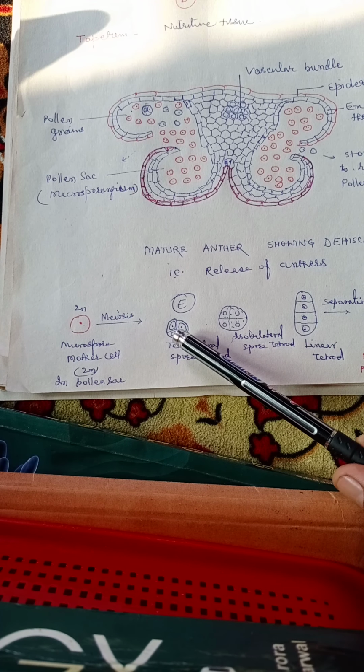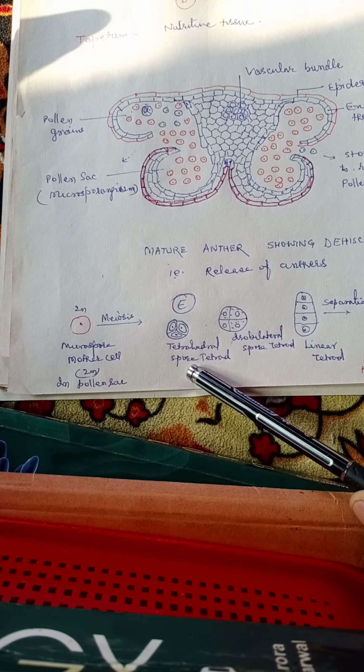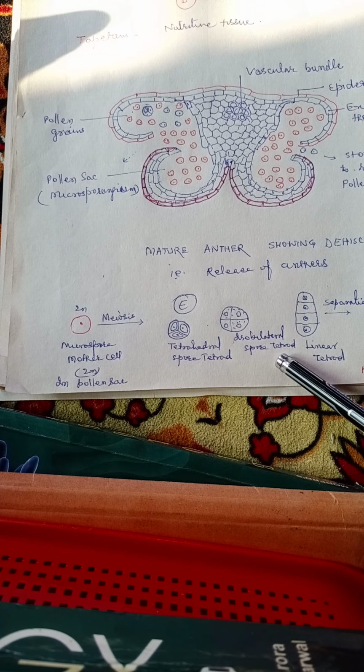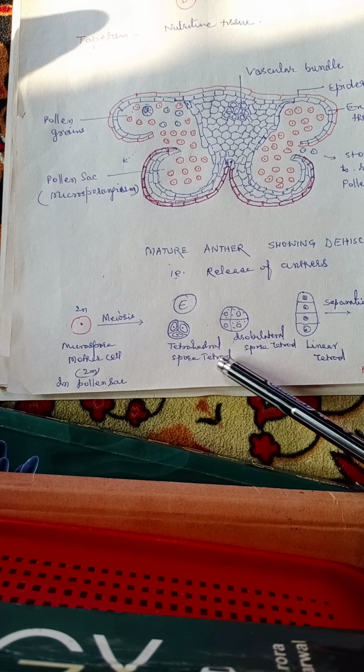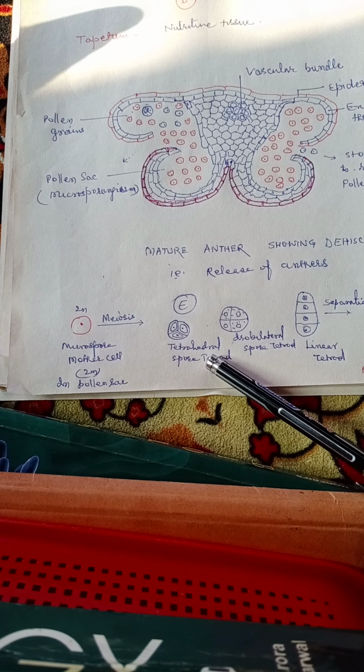I have shown here 3 spore tetrads. One is the tetrahedral spore tetrad, the second one is the isobilateral spore tetrad, and the third one is the linear tetrad. These are the 3 forms of spore tetrad in which they assemble in the anther of angiospermic plants.